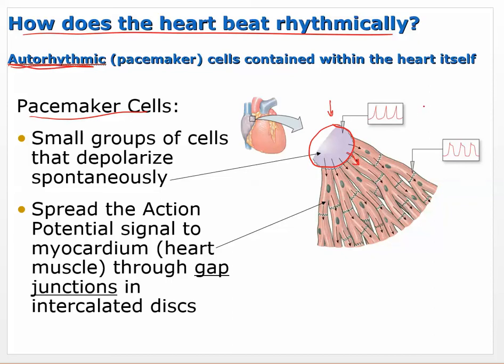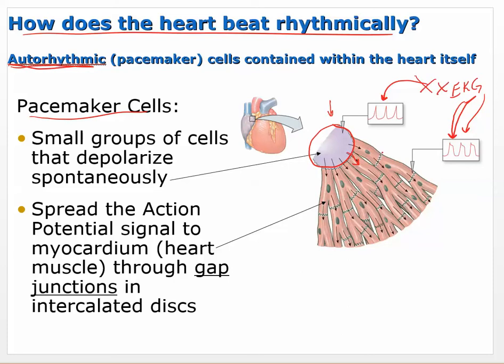So when you're looking at this, pay attention here. These are the depolarization repolarizations of the autorhythmic cell, but when we're talking about depolarization of myocardia, we're talking about the muscle cells. So this is what an EKG looks at. Okay, an EKG looks at the myocardia. It does not look at the pacemaker cells.